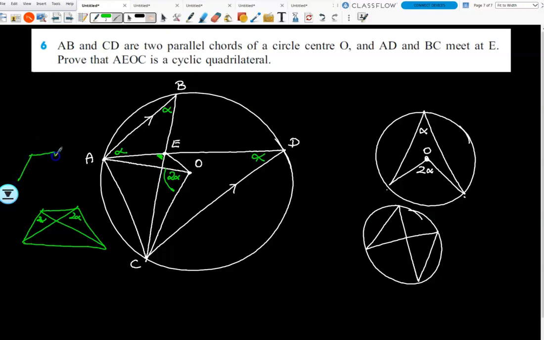If you had persisted in sticking with, I've got to prove that the opposite angles add up to be 180, and you just stuck with that, and you didn't try and change your tack, okay? You would have been there for ages. You might have eventually got there, I don't know, but you keep going. So what you have to do is not be shy to change it up and go, well, this didn't work.